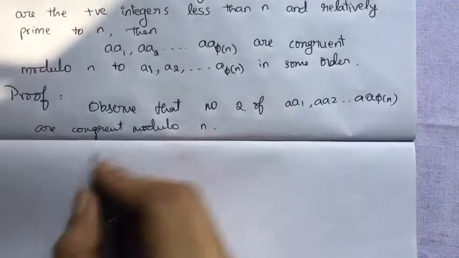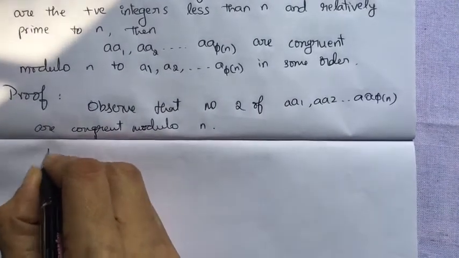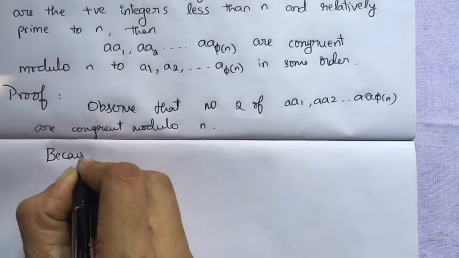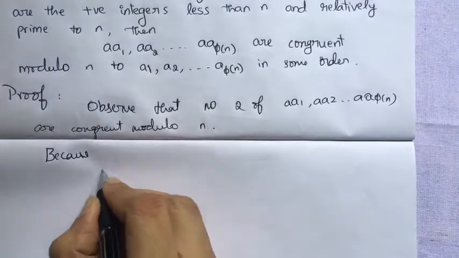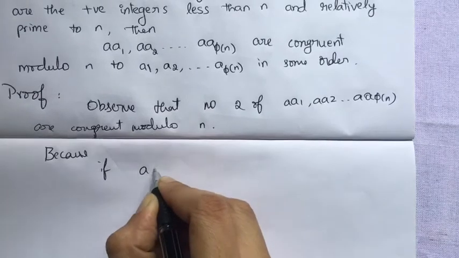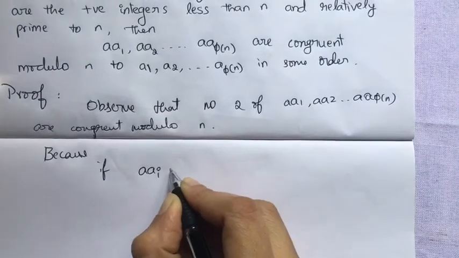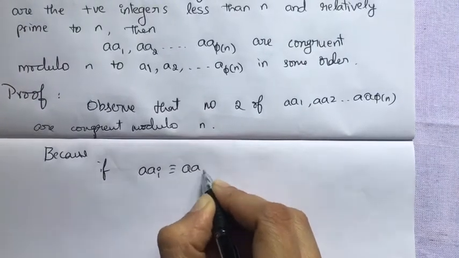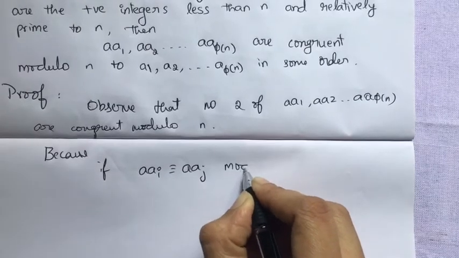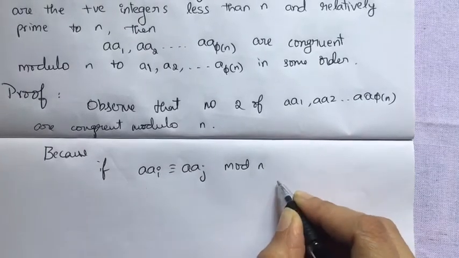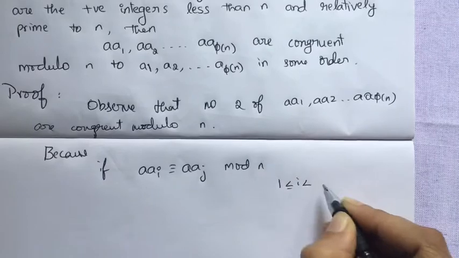Suppose some ai is congruent to aj mod n in such a way that i is less than j.